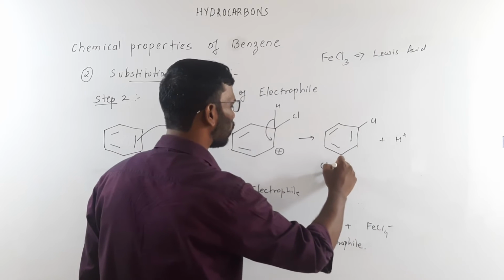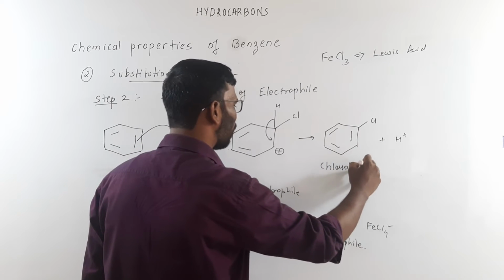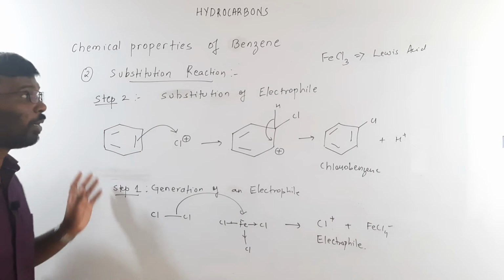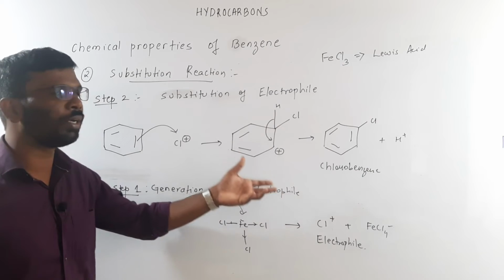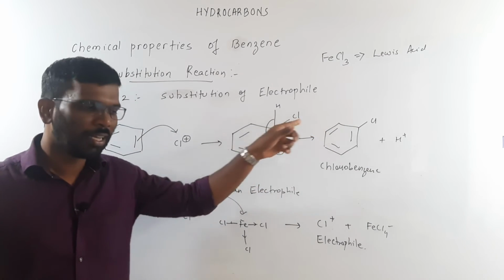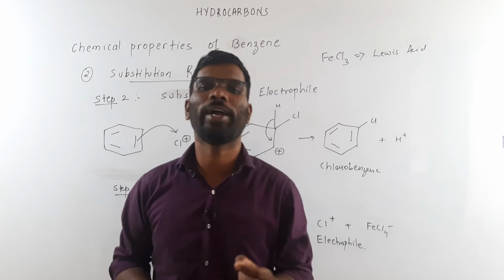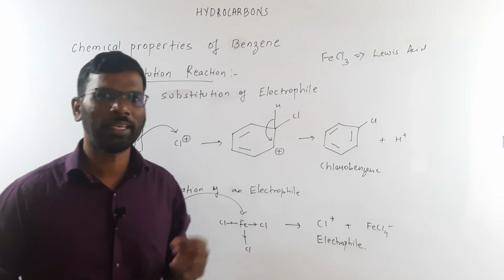So this is chlorobenzene and this is a substitution reaction. What is getting substituted? Substitution means one group should be replaced. So over here, one of the hydrogens from the benzene is being replaced.